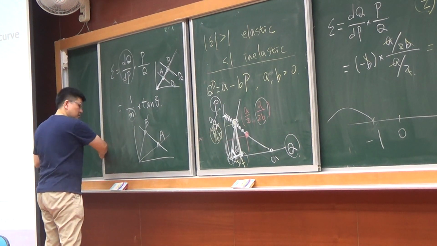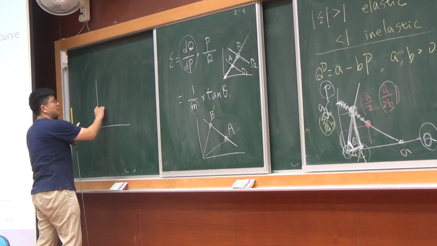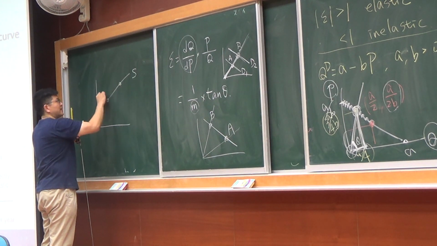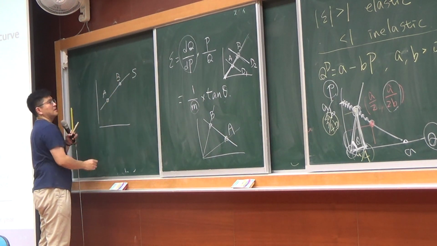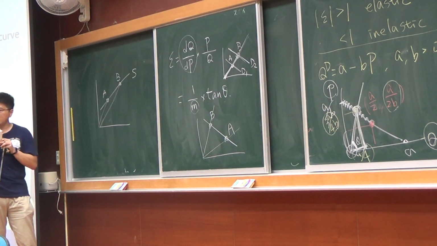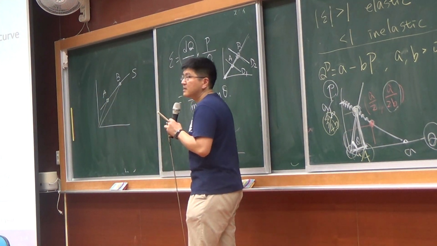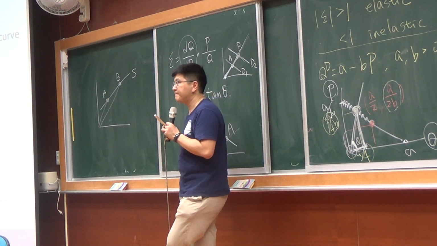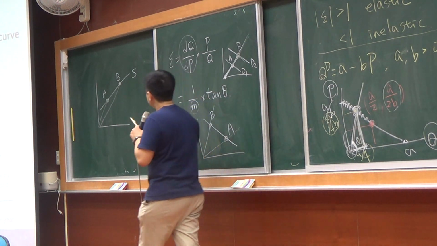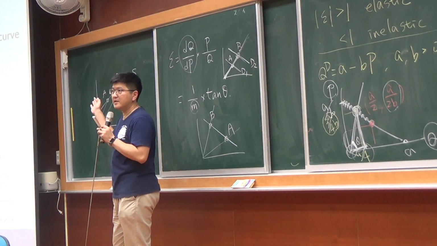So if we have a supply curve here and points A and B, which one do you think will have a higher elasticity of supply? They share the same m, right?